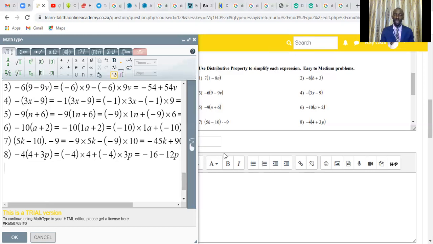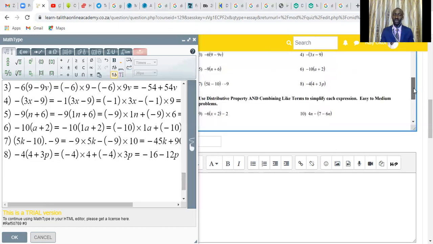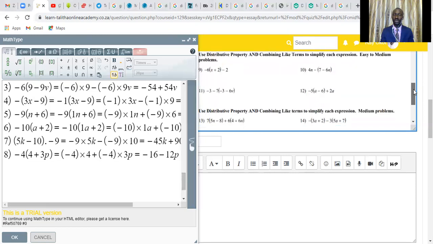We can then move on and check activity 2. Well, activity 2 is saying use the distributive property and combining like terms to simplify these quantities. So this time the discussion is expanding.